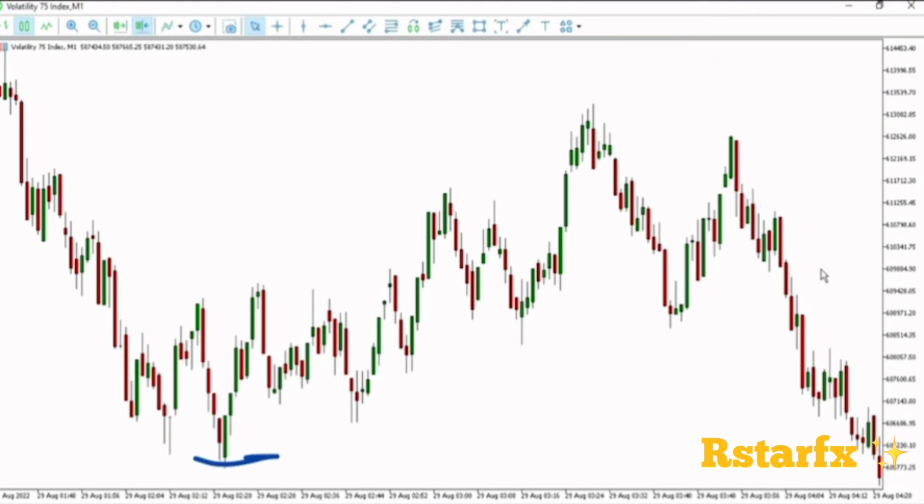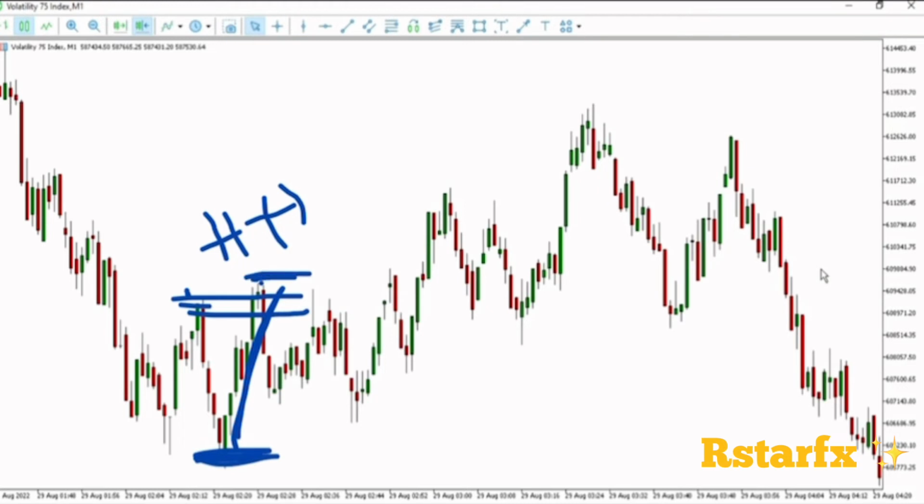Now, considering this as where the trend ends, we have an impulse here to the upside, which gives us a higher high. If you look very well at this candle here, it is higher than this previous one, so we have a higher high there. The wick is longer than this one, so we have a higher high over here.